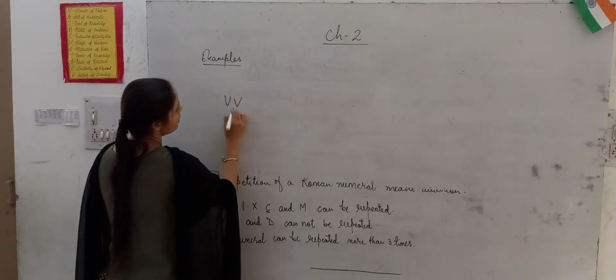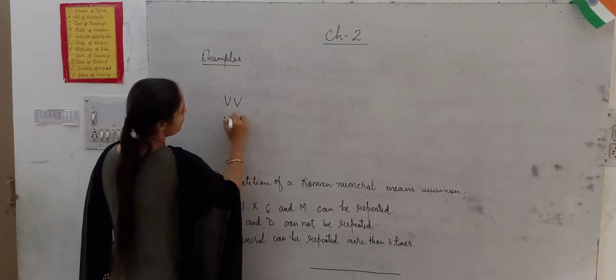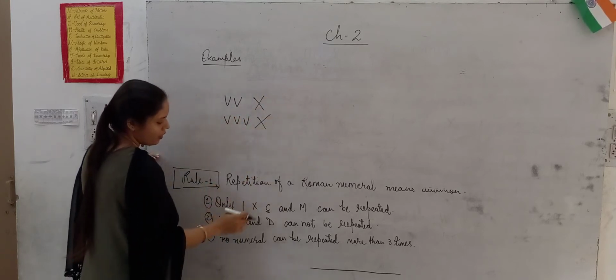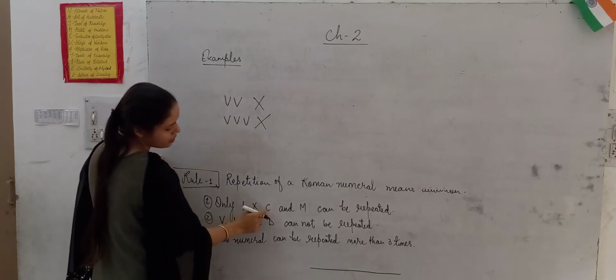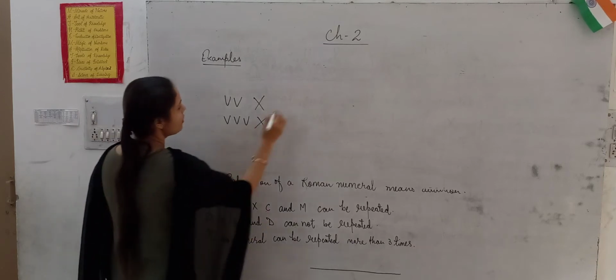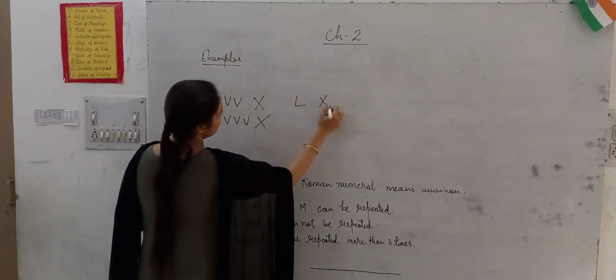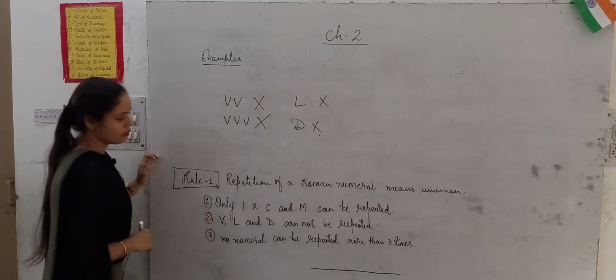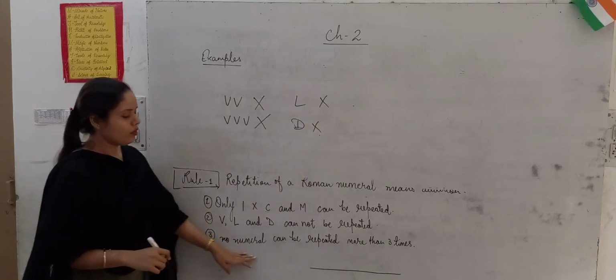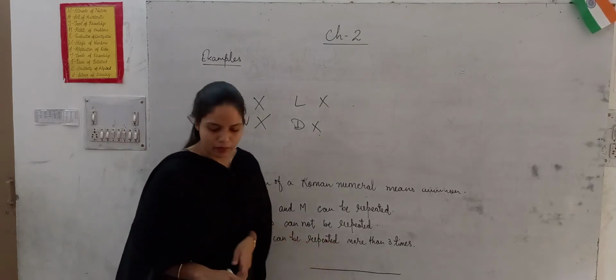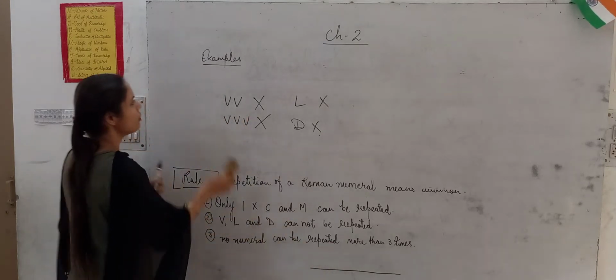We cannot write V two times or three times. This is wrong. Only I, X, C and M can be repeated, up to three times. So V, L and D cannot be repeated. So rule number 1 is clear.